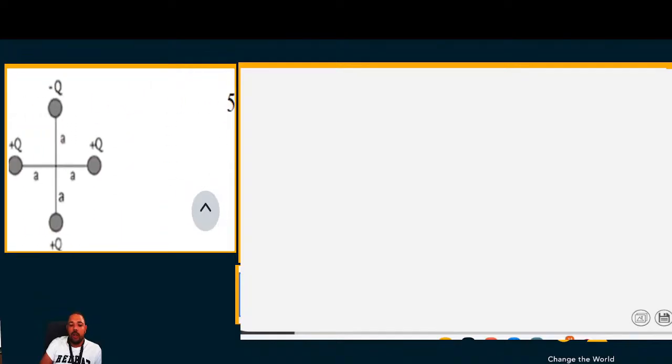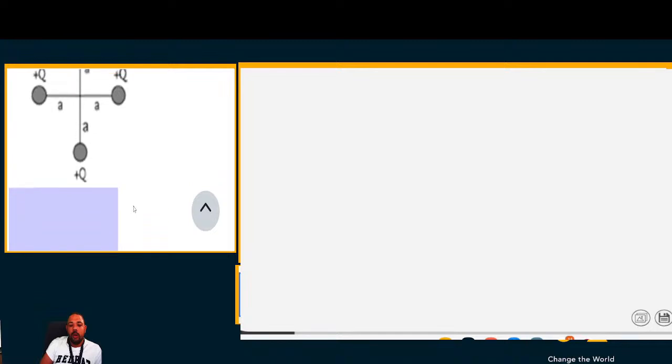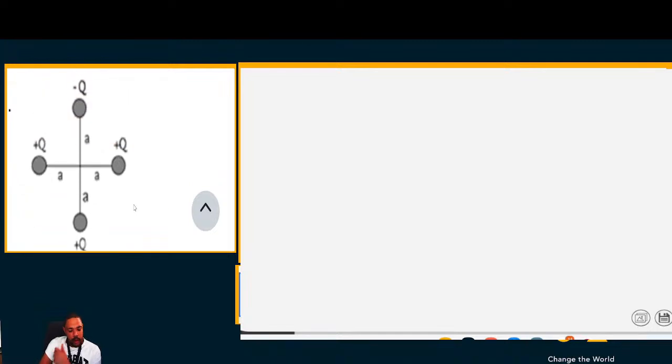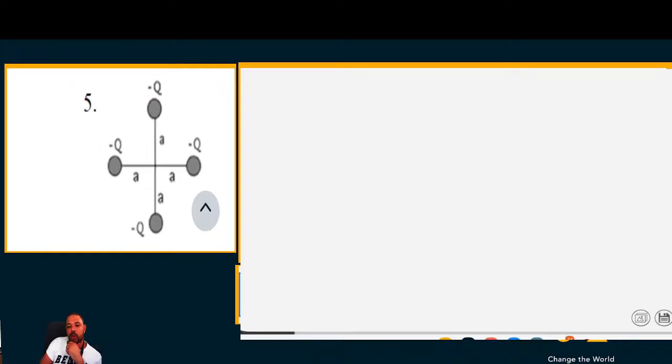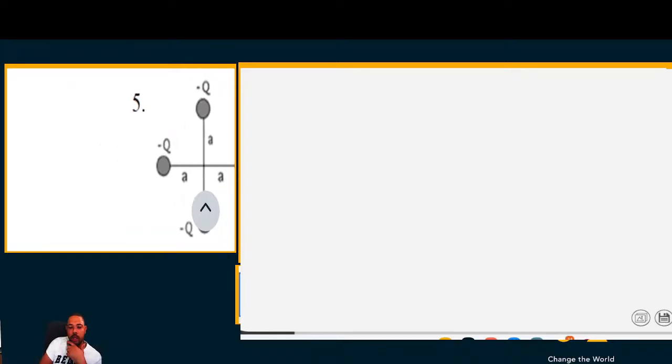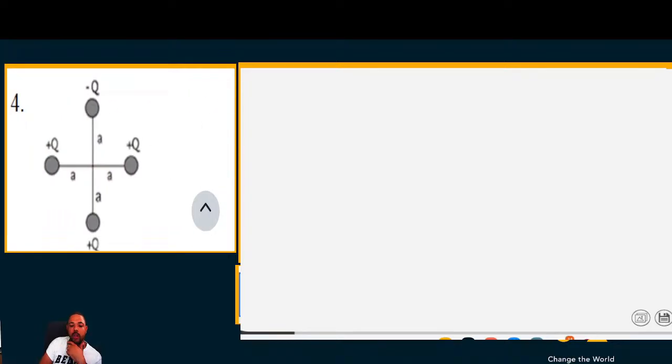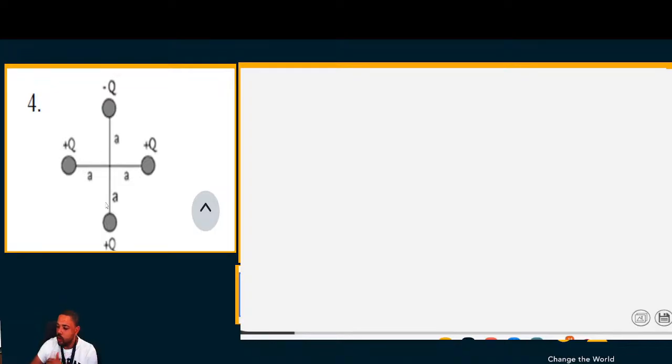Let's check number 4. First, let's go to number 5. They are all negative, but if you multiply negative Q by negative Q, they all become positive, so it cannot be number 5 either. So it is between number 2 and number 4. Let's work out the electric potential due to the setup in number 4.